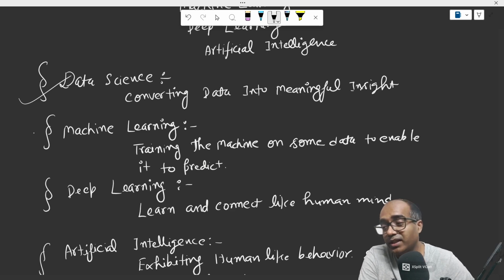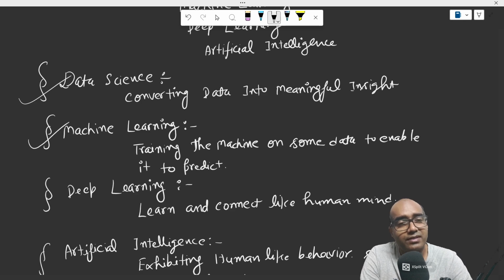So let us move to machine learning. What is machine learning? Machine learning is nothing but the training of the machine. We train the machine on some data, and then based on that training, my machine is able to predict or give me answers to certain questions. It is just like a small child.